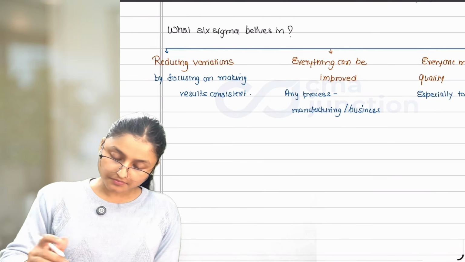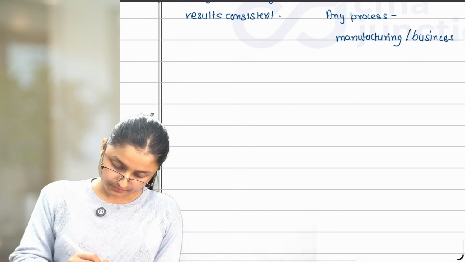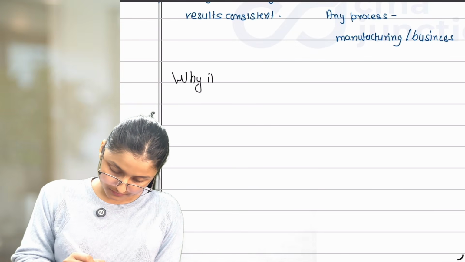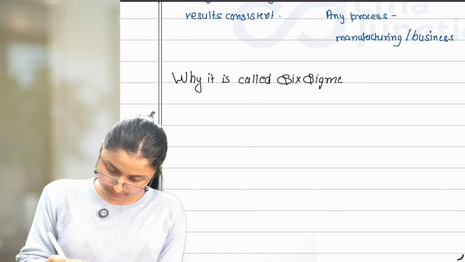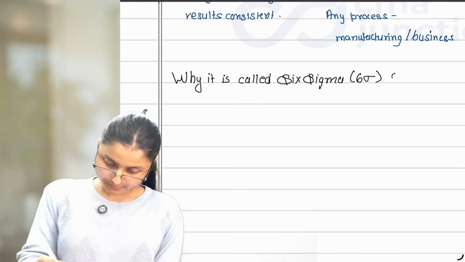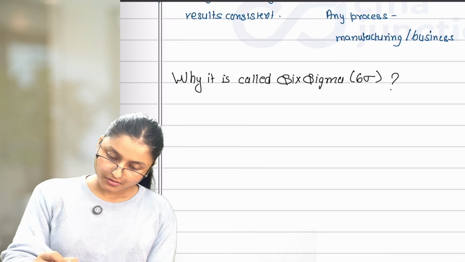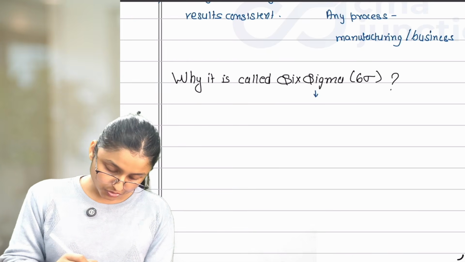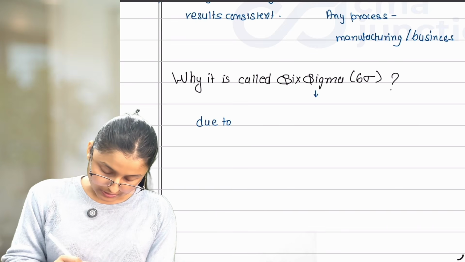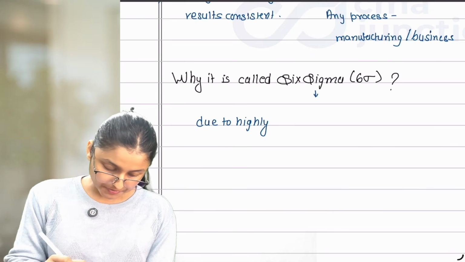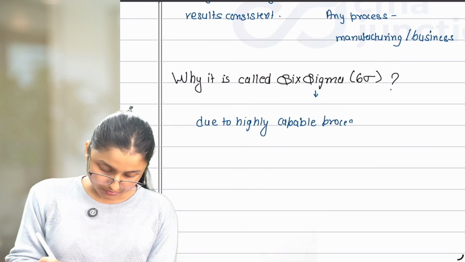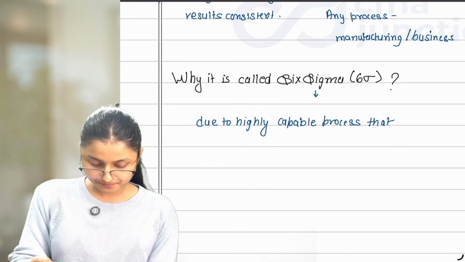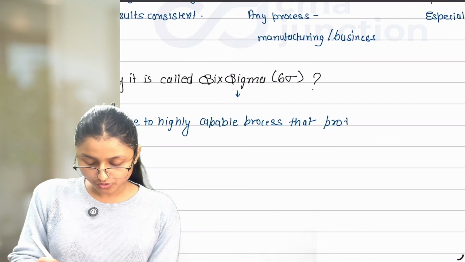Why is it called Six Sigma? Due to a highly capable process that produces almost no defects.